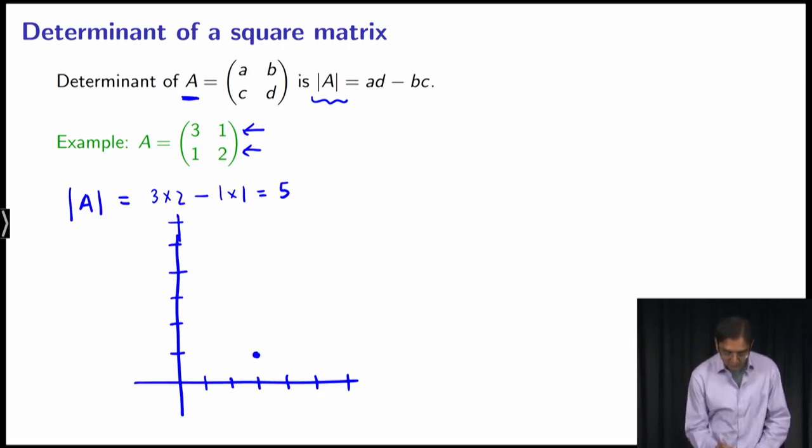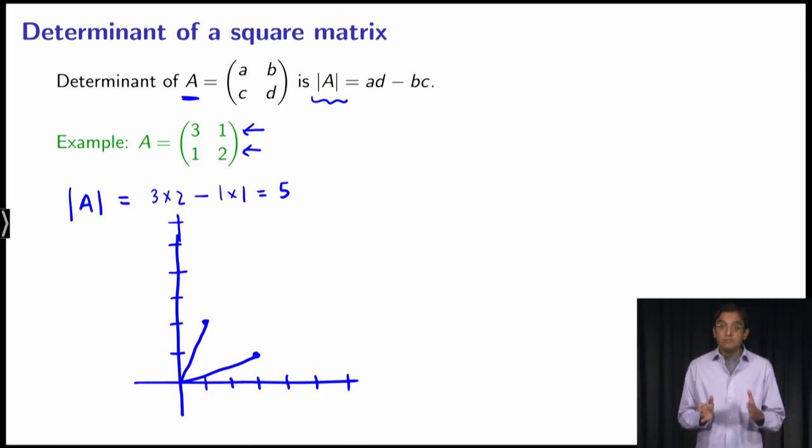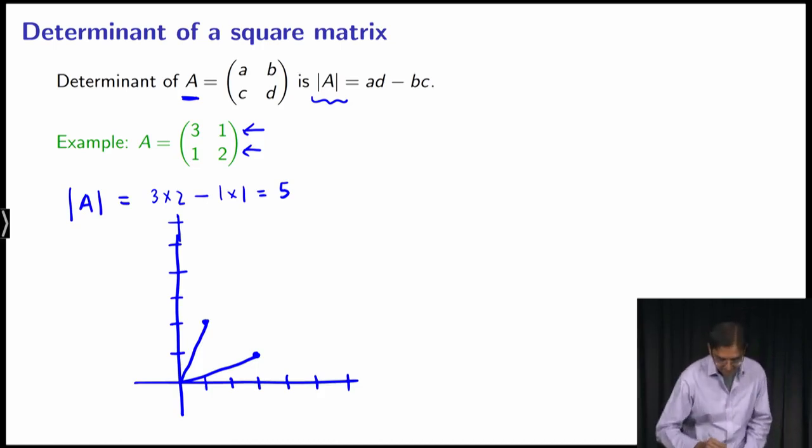The second point is 1, 2. So we've gone ahead and plotted those 2 points. Now, let's take these 2 points and extend them to get a full parallelogram. So we had this 3, 1, and now we take another 1, 2, and we come out here.